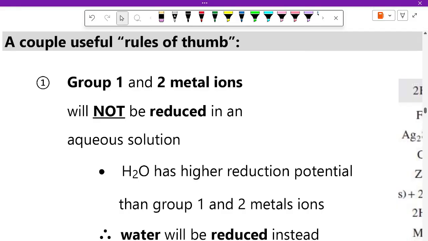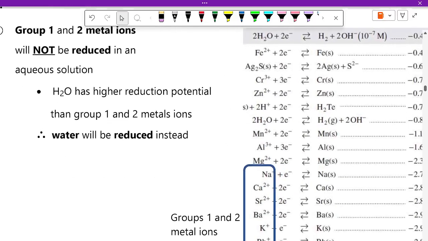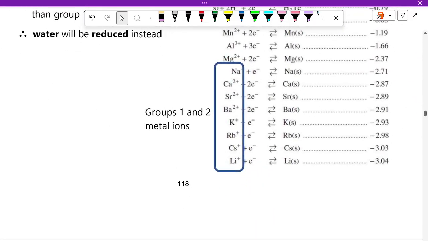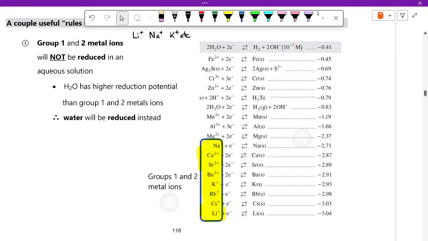Okay, metal ions. So that would be like Li plus, Na plus, K plus, etc. It's because they're really weak. So if we look at them, they are all down here. They are all weaker than water.